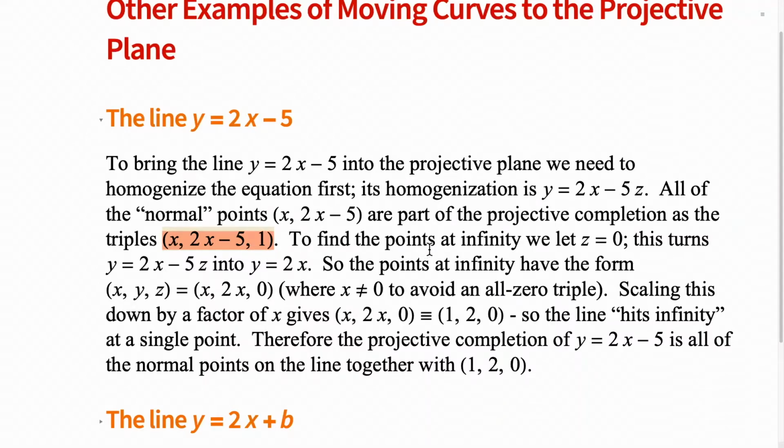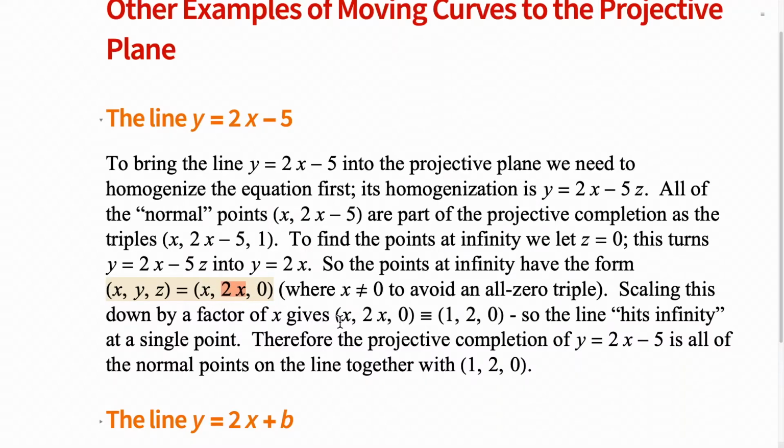To see if that line is going to hit infinity anywhere, we let z equal 0. This turns the homogenization into simply the equation y equals 2x. So the points at infinity have the form starting with x, y, z. We knew that z was 0 and y was 2x. Here the x can't be 0 because you're not allowed to have all three be 0.